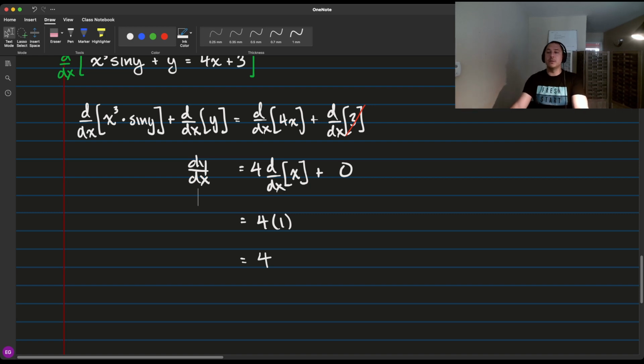Okay, now the product rule is a little more complicated. Product rule says you're going to have to take the derivative of the first one. So you're going to take the derivative of x cubed. You're going to multiply that by sine y. Then you're going to add to that x cubed times the derivative with respect to x of sine y.